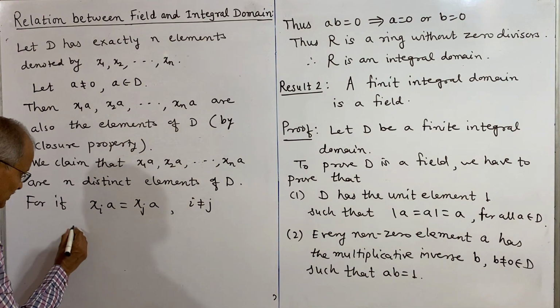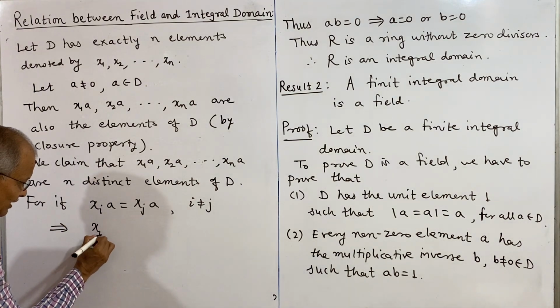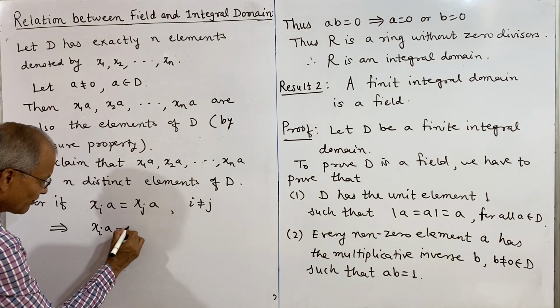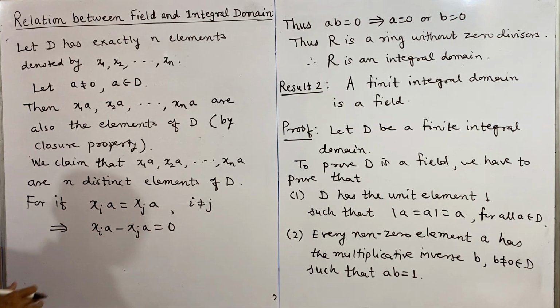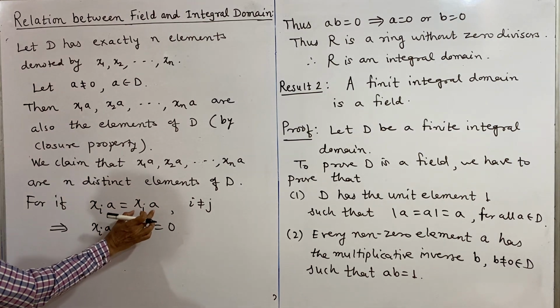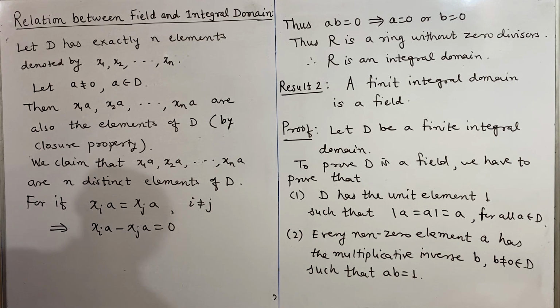Then this implies, we can shift this element to this side and we have xia minus xja is equal to 0. That means we add the additive inverse on both sides and then we get the right side as 0.